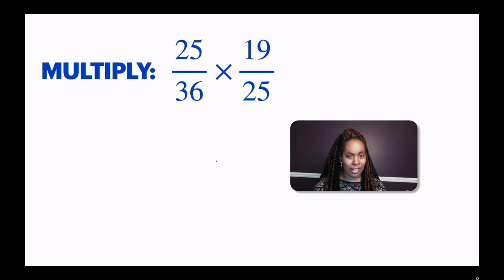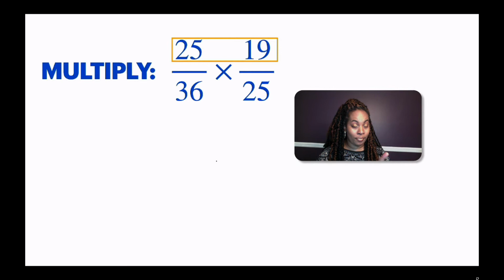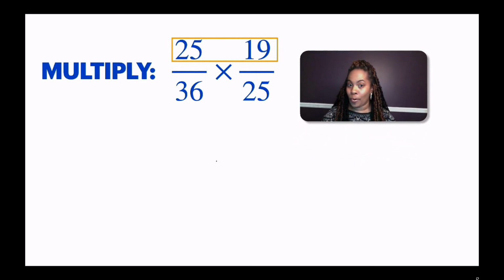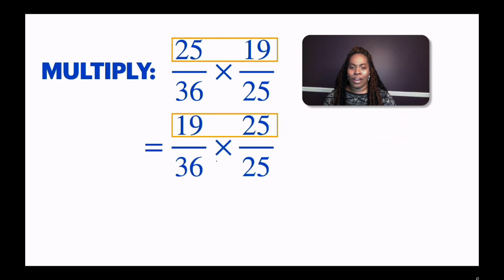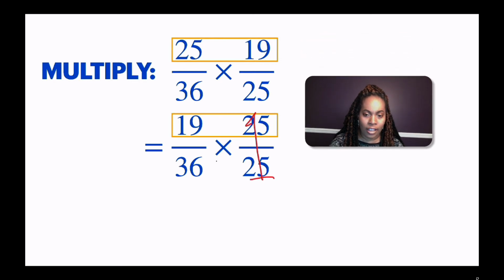We're going to use that commutative property. We're about to switch some things around, but this time we're going to switch it around in the numerator. So if we switch 25 with 19 from our numerator, we get 19/36 times 25/25. And you say it. I know you can see it. Yes, this right here, 25/25.